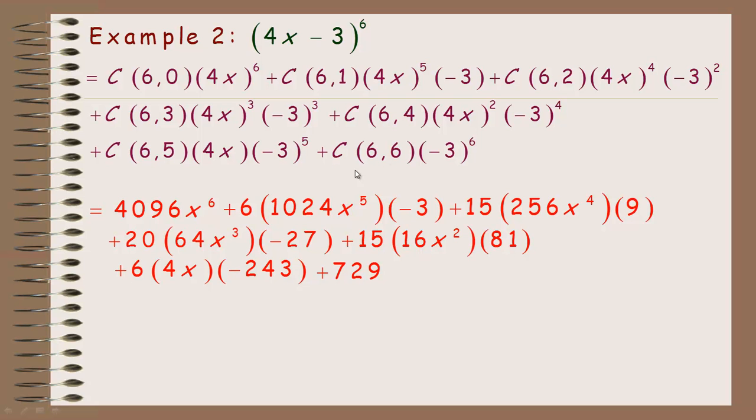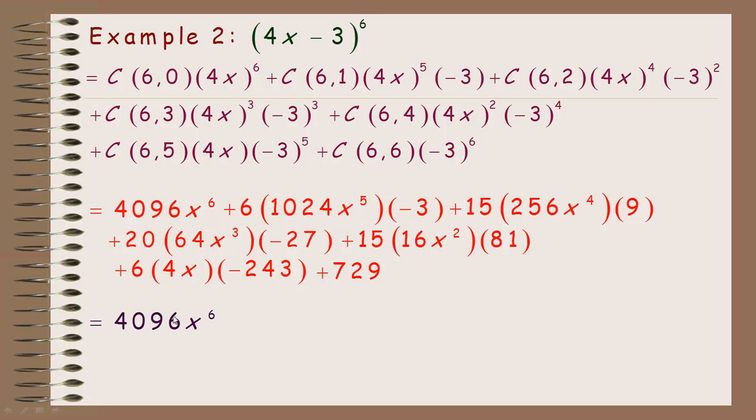And this last term, that combination is 1. We have negative 3 raised to the power of 6 is 729. Now, notice that these numbers, 1, 6, 15, 20, 15, 6, and 1, are actually the numbers from Pascal's triangle, if you want to use Pascal's triangle.